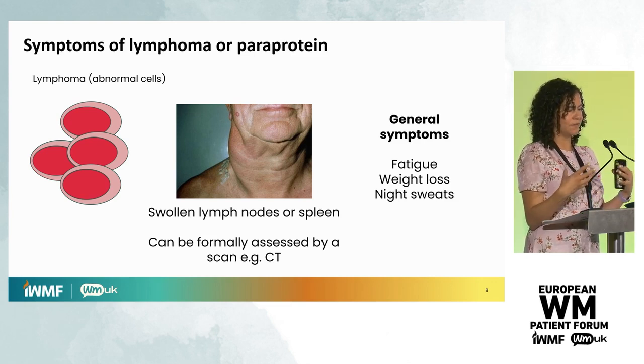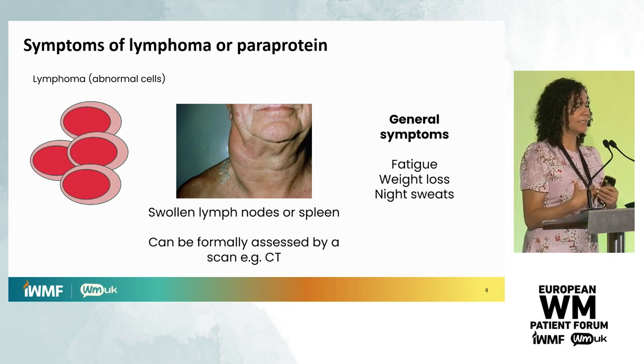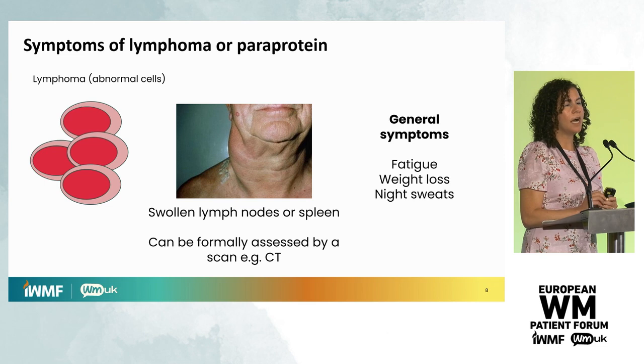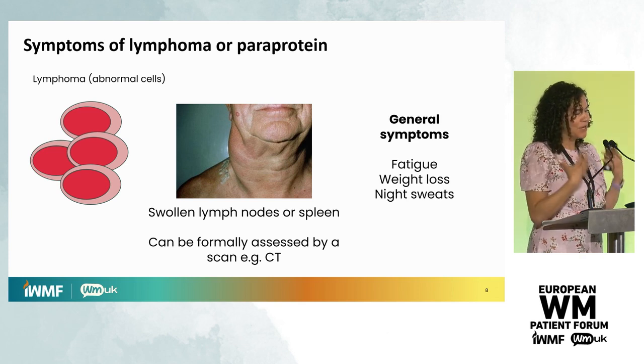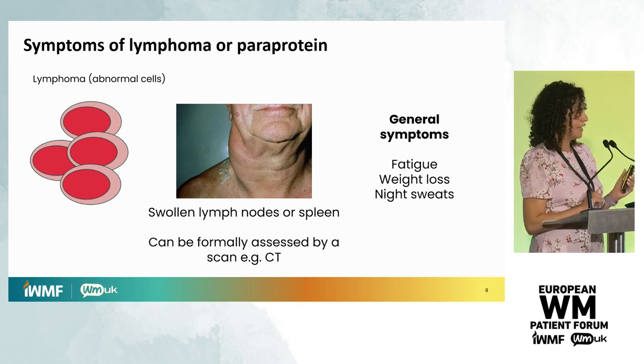Just as the burden of disease increases, then people might develop fatigue, so tiredness, fatigue, and what we sometimes refer to in the clinical world as B symptoms. And B symptoms are either weight loss, or significant weight loss, or night sweats. Yes, the lymph nodes can be formally assessed by scans.